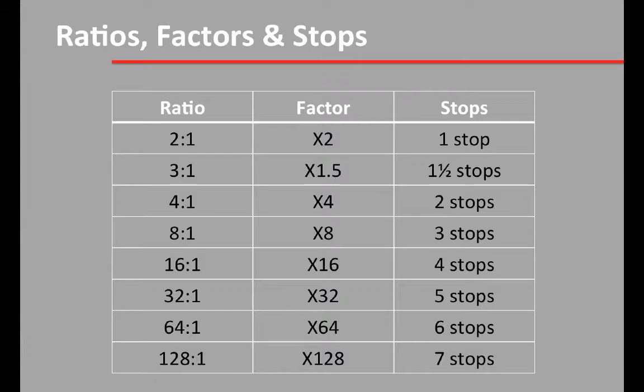Again, lighting ratios actually use ratios. It's fairly obvious there. But you have to then convert what that ratio means into stops. So a 4 to 1 lighting ratio is a 2 stop difference. So these three values are a way of expressing different numerical values associated with photography: ratios, factors, and stops.